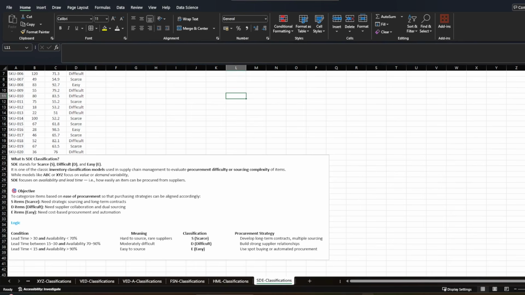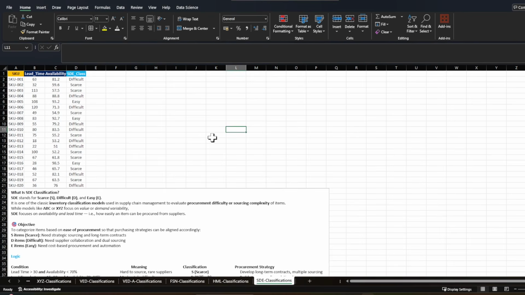So it is very easy to source. We classify it as E, and it means you can do spot buying as well. With spot buying, you just call, say I want this, and you get it. You can automate the procurement as well. It can automatically select among, say, 5 suppliers to give each a fair share of the orders.